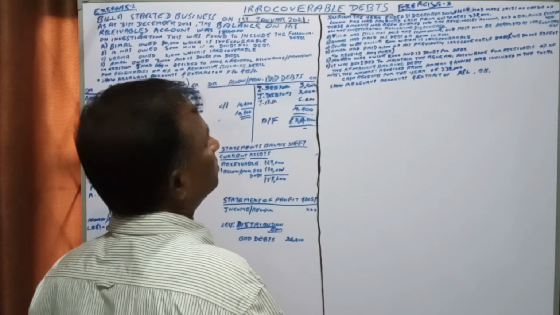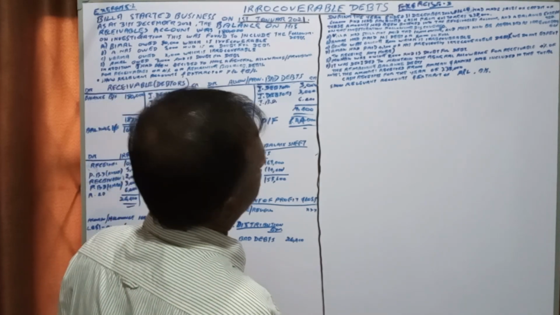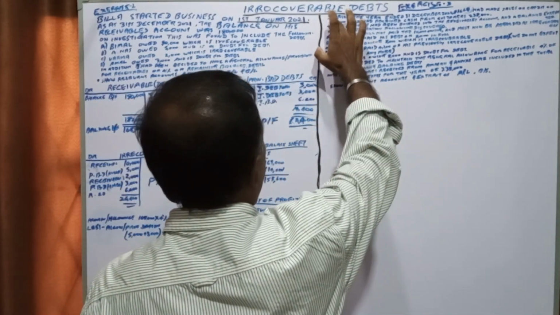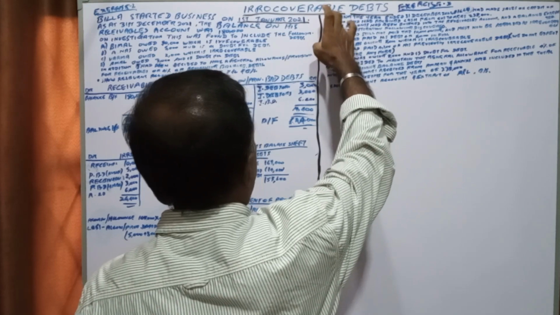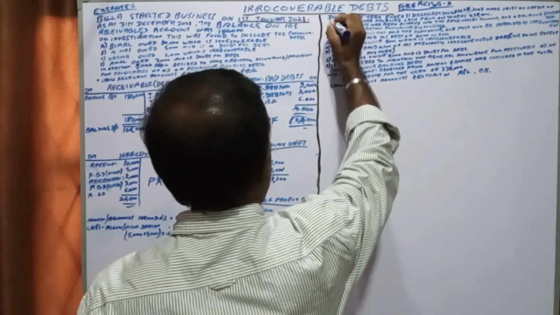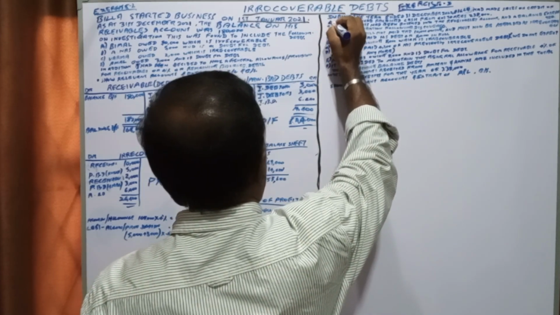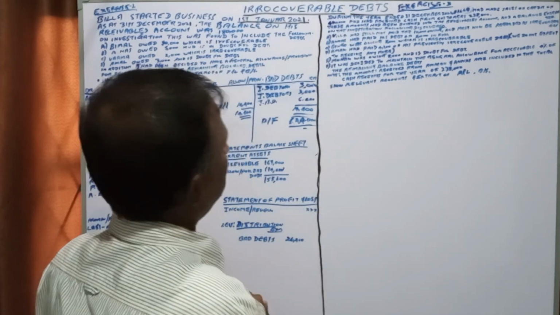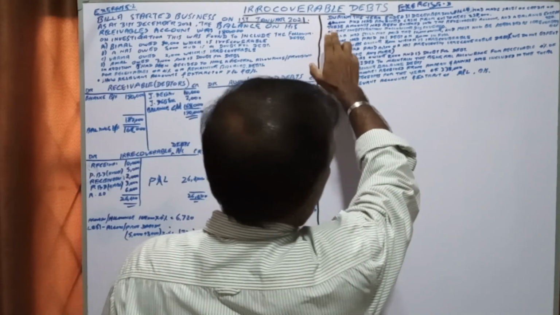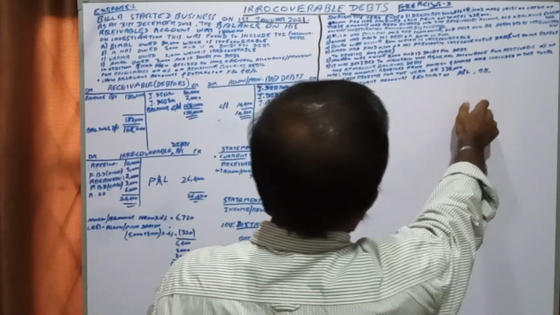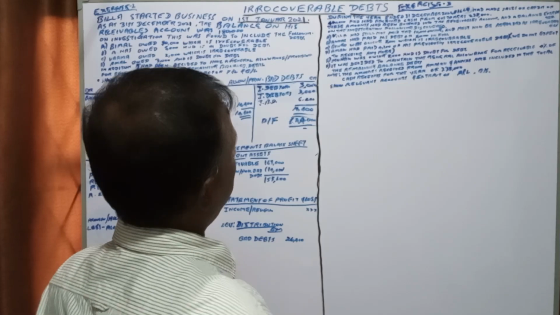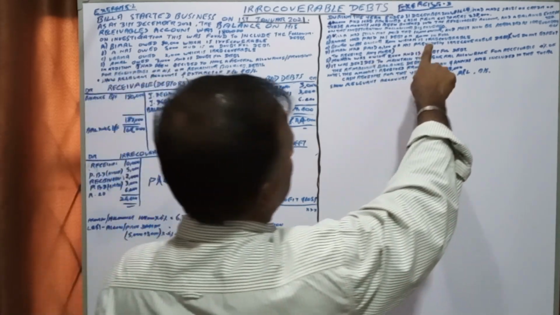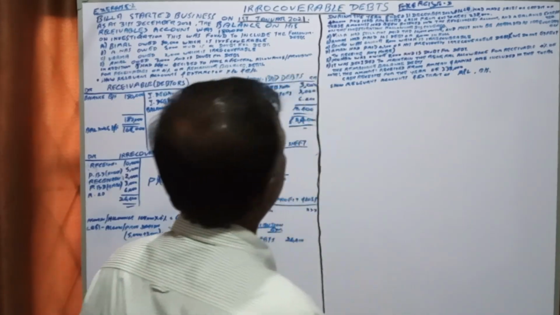So the receivable part is very much higher, no? So let us make this question 400,000. So he made credit sales of 400,000, he had a debtors balance of 400,000, and he had received cash of 238,000.